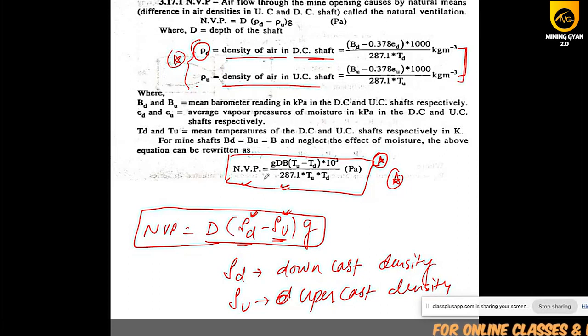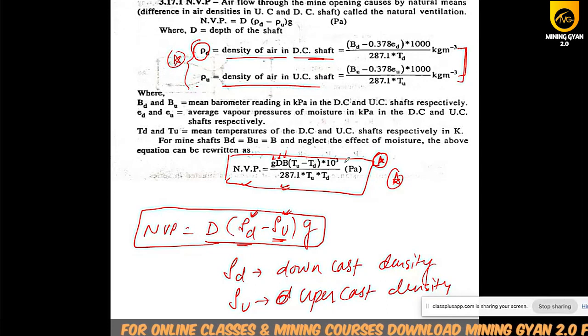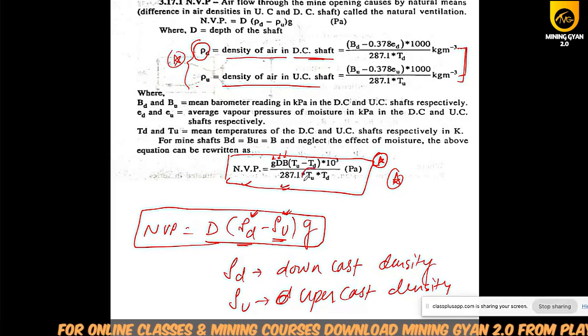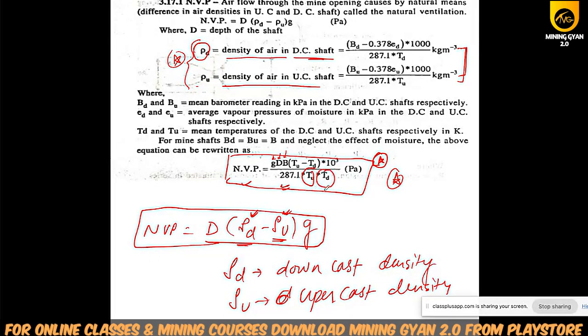NVP means G, this is the gravity, D is depth, B, and TU minus TD into 10 to power 3, temperature of upcast, temperature of downcast. So that way we will find it out. He will provide you all the information. Just remember this formula of NVP and the density of the air of the downcast shaft or the upcast.